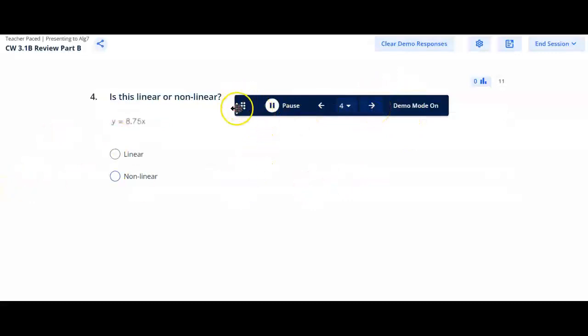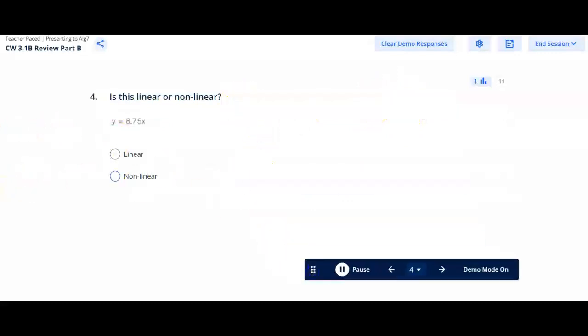Is this linear or non-linear? Linear or non-linear?